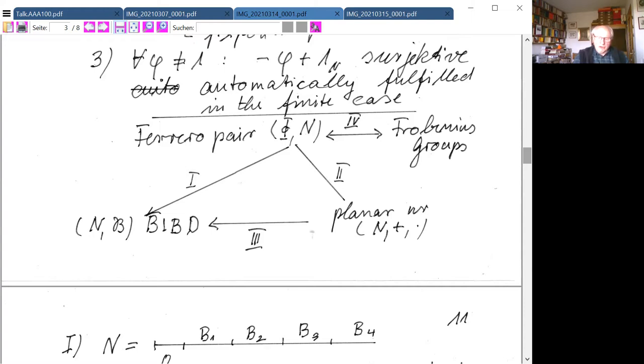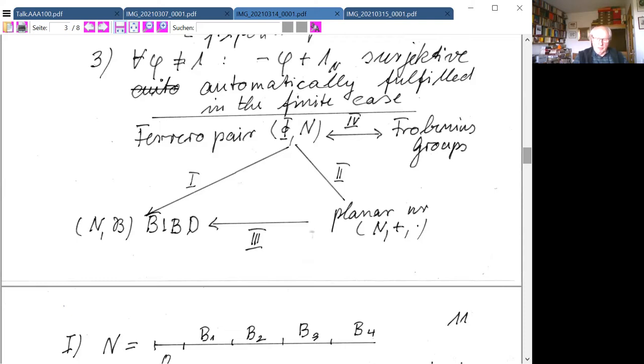We could also, and this was historically the first attempt, from a planar nearing, form a balanced incomplete block design. Further investigation showed the real kernel of what is going on is the Ferrero pair.